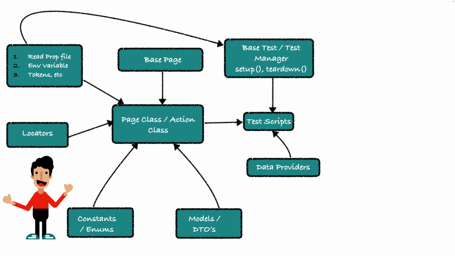Because if you see, the search functionality is the same, the only thing you are doing is providing different data, and the test flow is the same. So for such scenarios there is a data provider component, and we should use it in our automation framework.